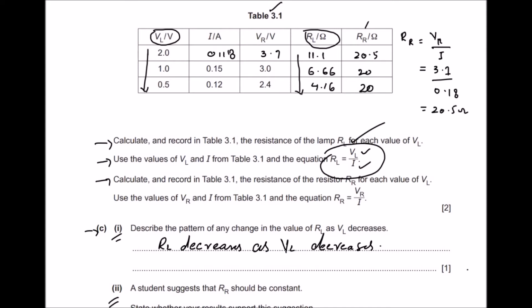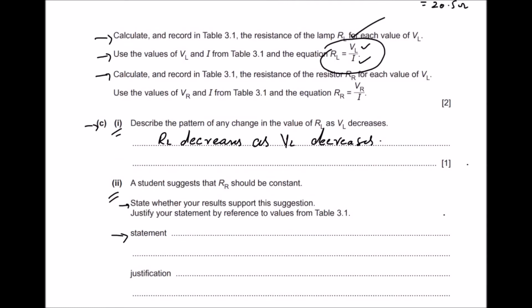Look at the resistance of the resistor: 20.5, 20 and 20. The numbers are very close to each other. That's why the statement is correct. Correct statement. And what is the justification? Because the values are very close to each other.